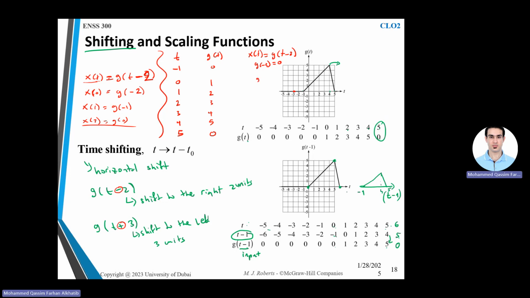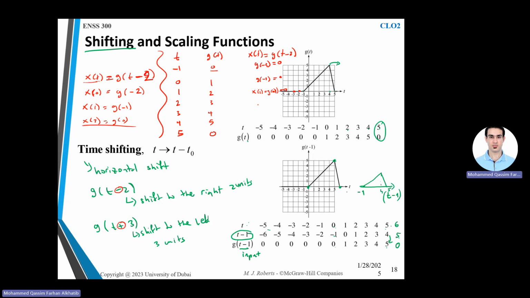Now at 0, g of -2, is there a value? I'm substituting at this expression, x of 0, that's going to be g of t minus 2, g of -2, that's a 0, that's g here. Now, it's going to be x of 1 equals g of 0, of -1, sorry. That's still 0, because my function, g of -1, how much?